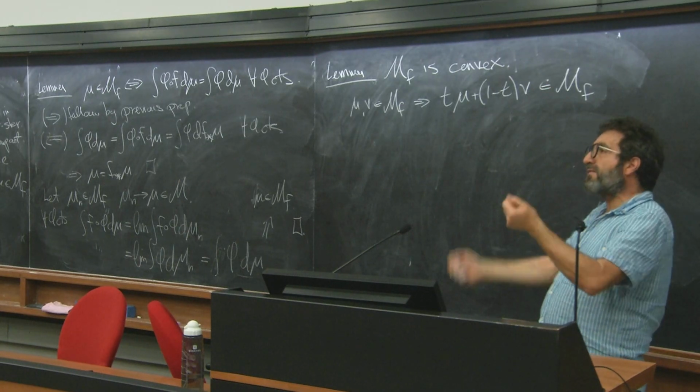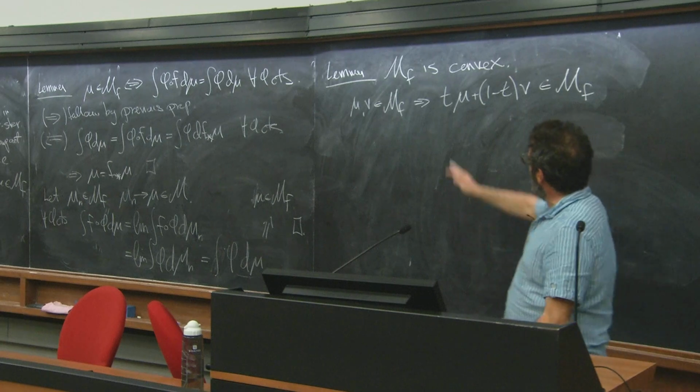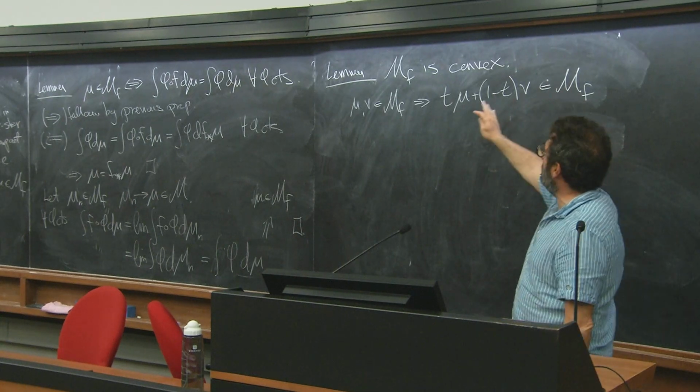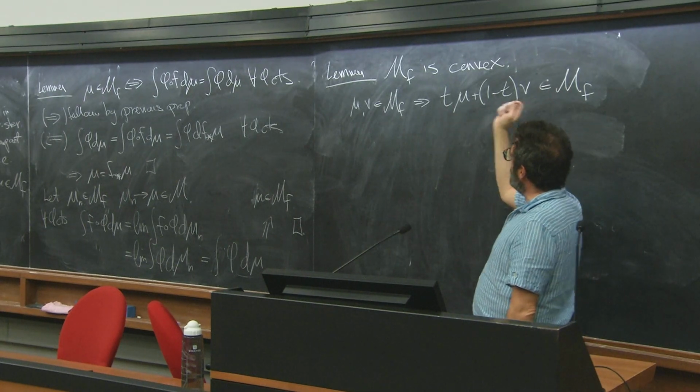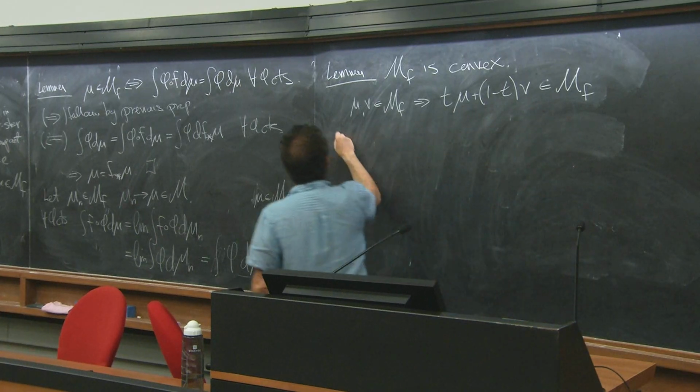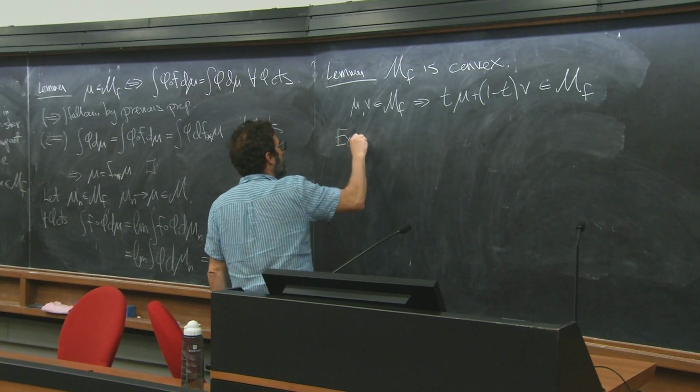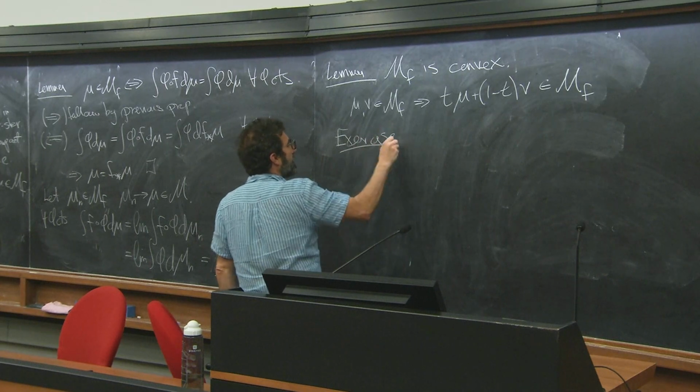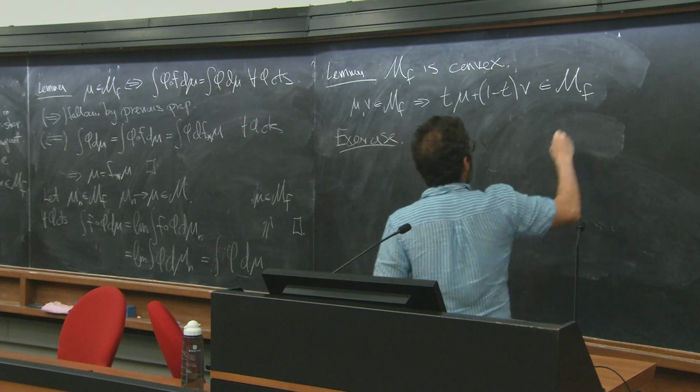But as soon as you have at least two invariant measures, you must have an uncountable infinity of invariant measures, because you can always take all these convex combinations. This is a very simple exercise, and I will put it in the exercise sheets.